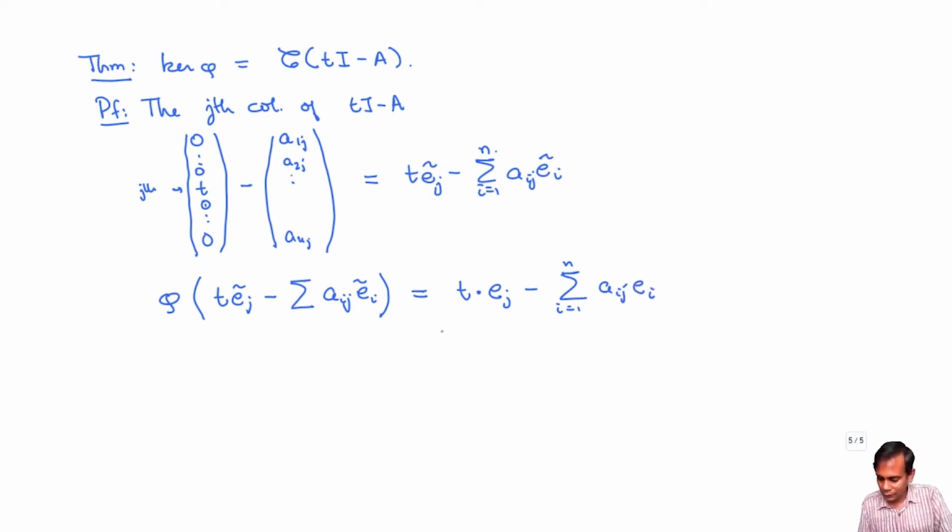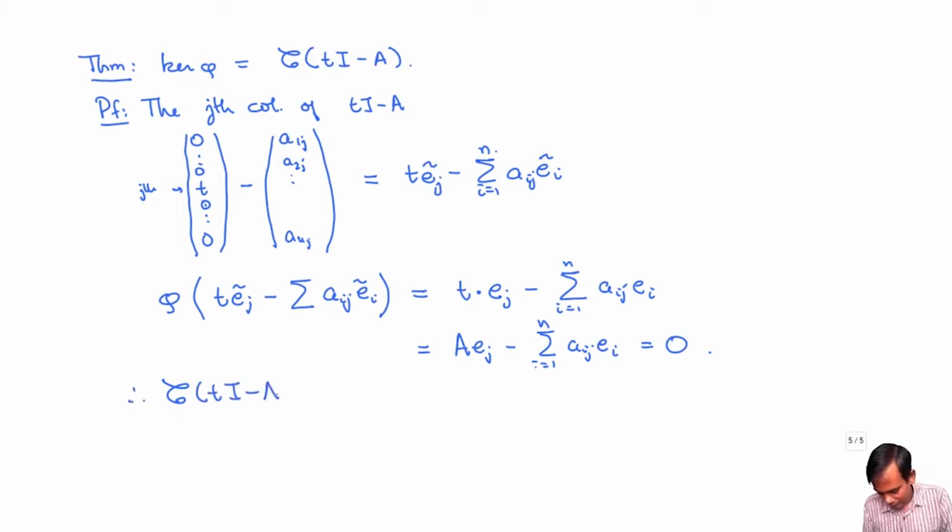But how does t act on ej? Well, t acts by the matrix A. So this is A ej. You think of ej as a column vector with a 1 in the jth place, minus the sum of aij ei. But you'll recognize this summation here as nothing but A ej itself. So this is 0. Hence we have shown that the column space of tI minus A is contained in the kernel of phi.